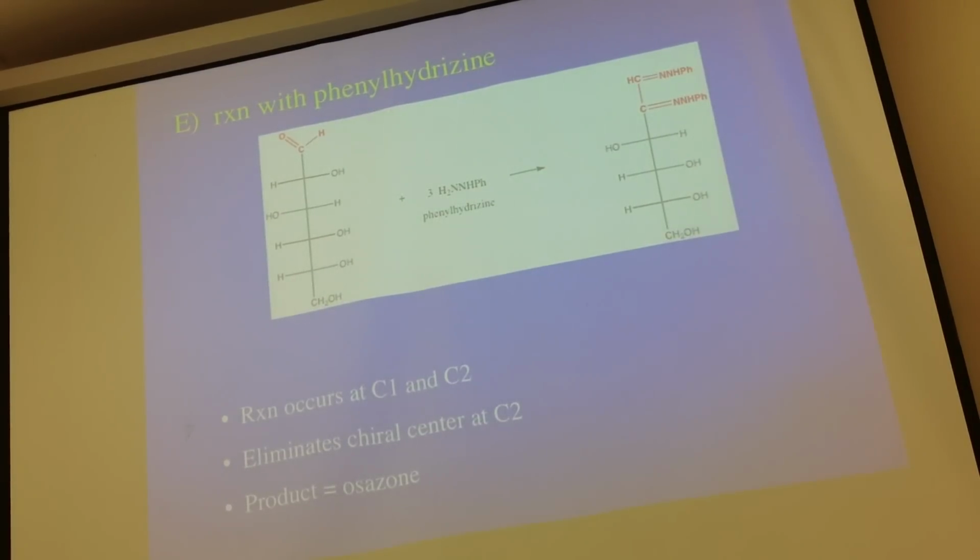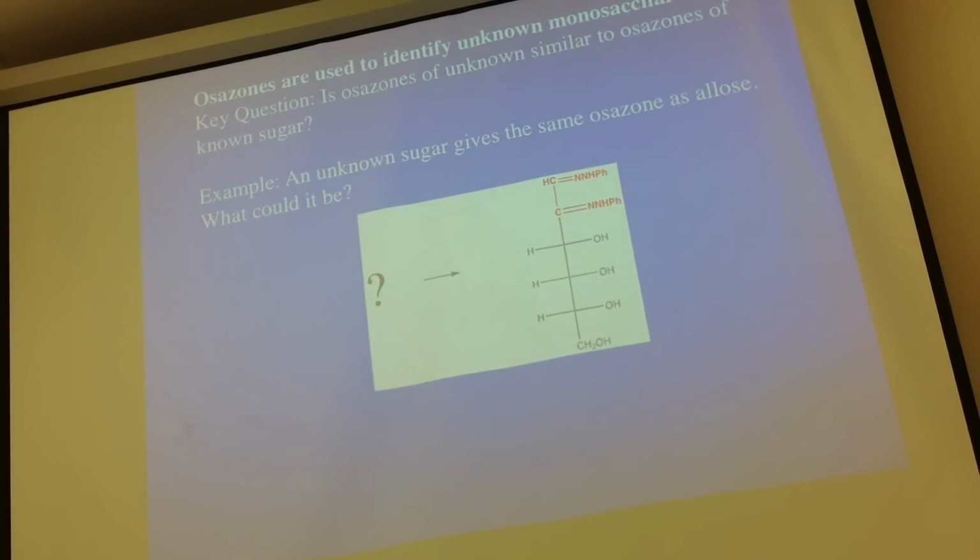Okay, so let's see if we can use it on our list. Going on the fly here. Let's just do this one. Okay, so we narrow our sugar down to our list right there, which we did from rotation. Then we make an osazone.